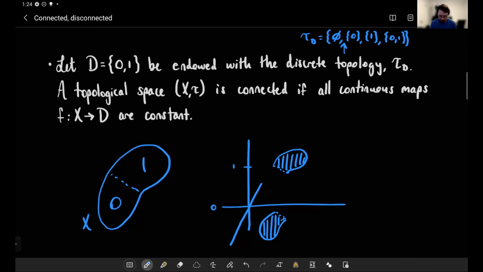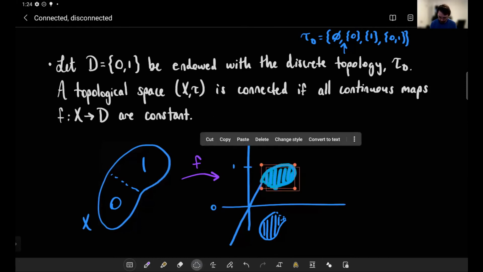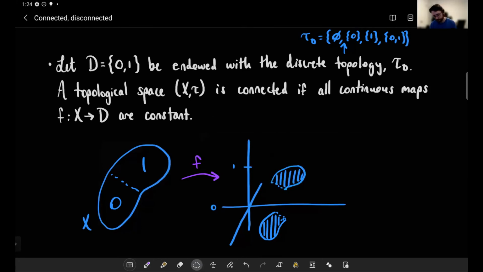And so certainly the function f that mapped X to D can't be continuous. I mean, you're tearing it apart. That violates our whole intuition behind what continuity is. Continuity says you're not allowed to tear things. And so maybe this should be further over here. Yeah, there you go.